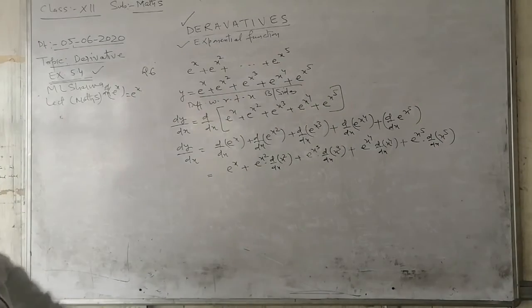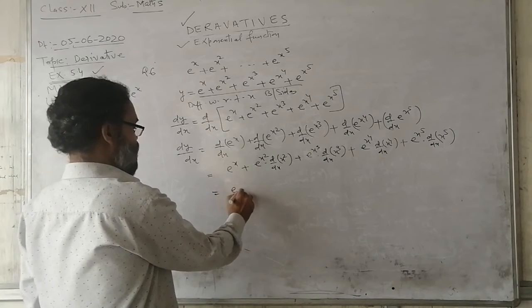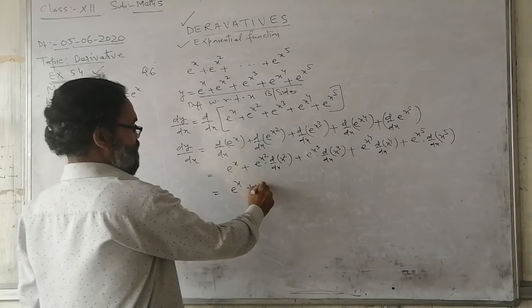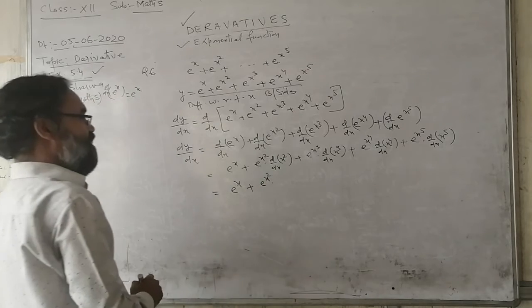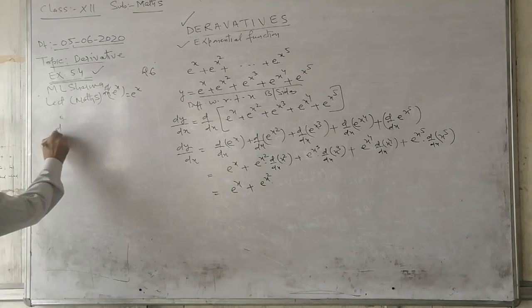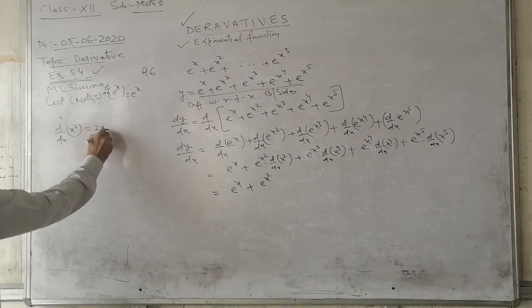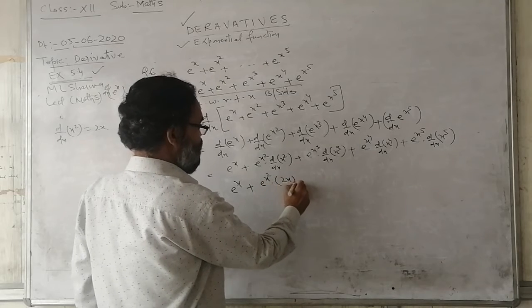So in this way, the derivatives of the individual terms are written. This can further be simplified. Now this is e^(x²), and the derivative of x² is simply 2x, so I can write here 2x.